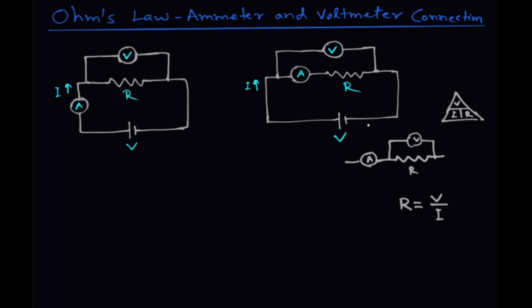So these are the two alternatives by which we can measure the voltage and current flowing through the resistance. But here we will compare which method is better for our resistance calculation.